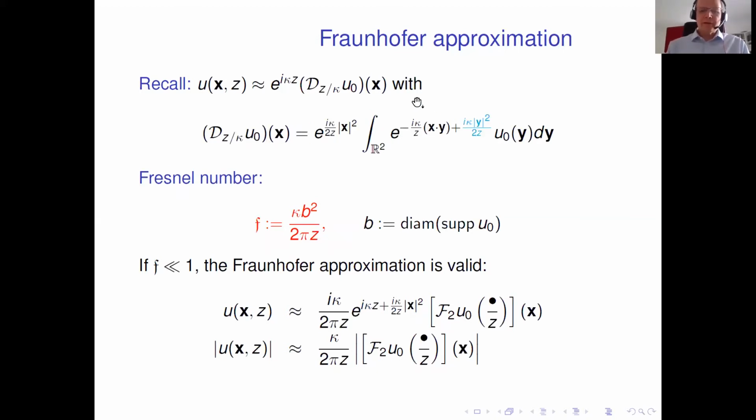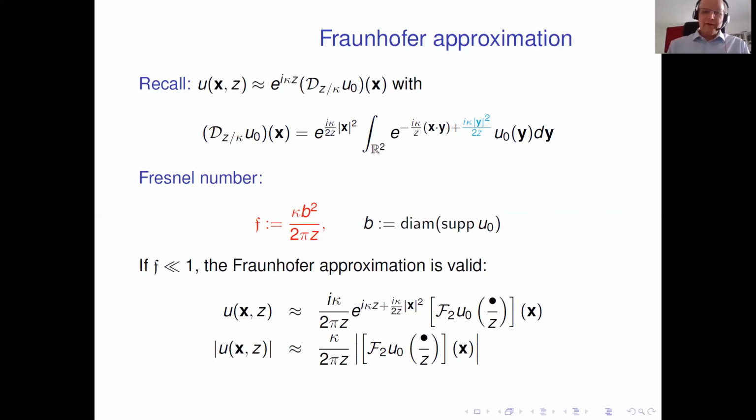And if you do this, then you arrive at this expression, and here you have a pure phase factor in front. And if the Fresnel number is very small, then this is almost 0, so you can forget this, and then you get the Fourier transform. This is basically here the kernel of the Fourier transform. So in this case, what you measure is basically the Fourier transform. In this Fraunhofer regime, the measurements are the absolute value of the Fourier transform.